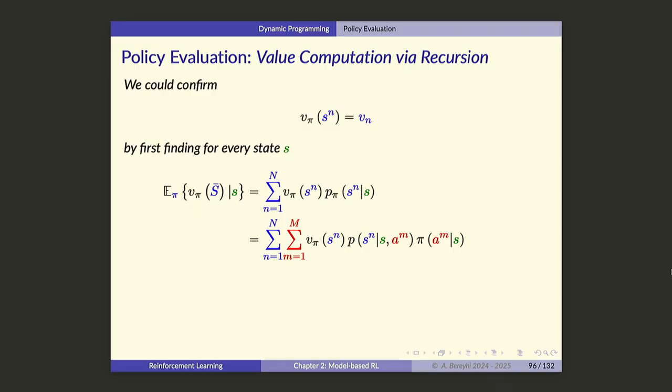Say, for instance, I want to know the expected next value, so v pi at the next state, given that I am in one particular state, for example state 1. What should I do? I need to write down this expectation, right? Now, these v pi's that I have here, I would replace with the values I just assumed here.